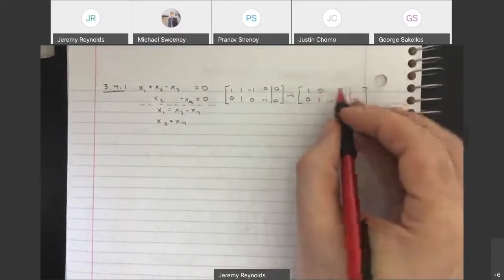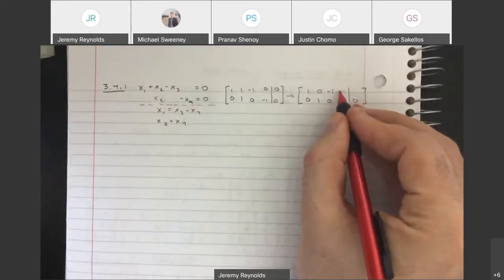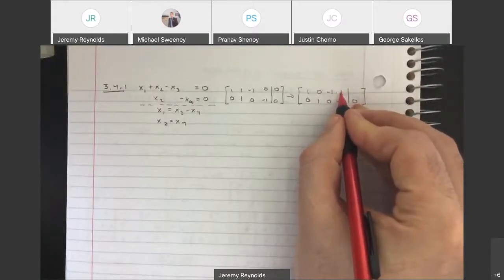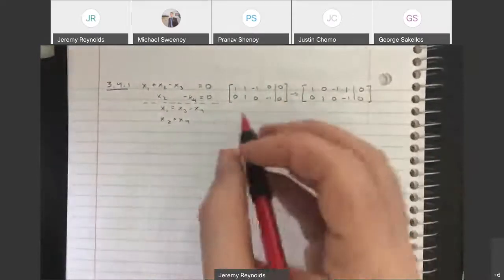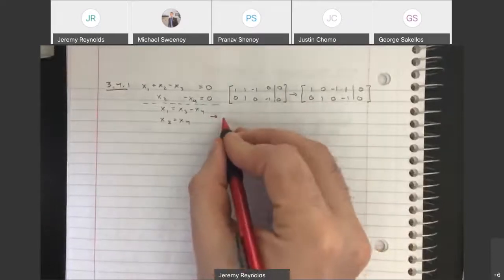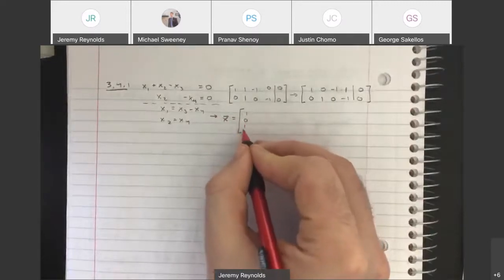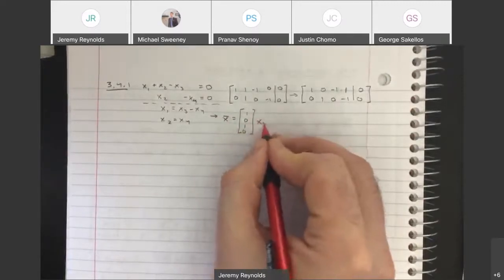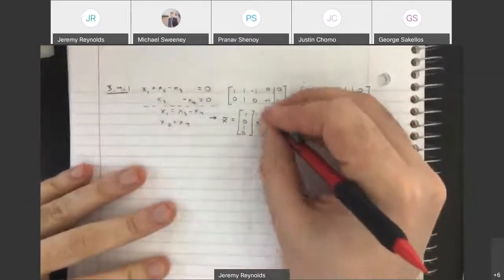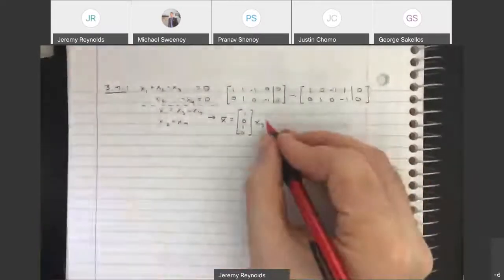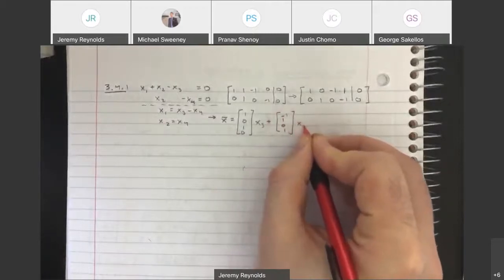And we'll just get 0, -1, 1, and 0. So both of these get us the same solution. And if we rewrite this, we know that x is going to be 1, 0, 1, 0 times x3, plus -1, 1, 0, 1 times x4.